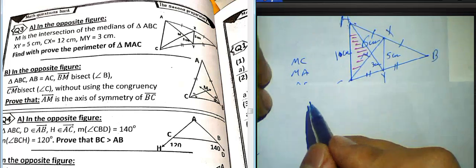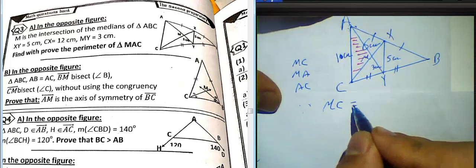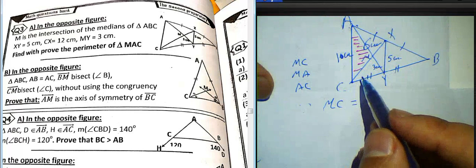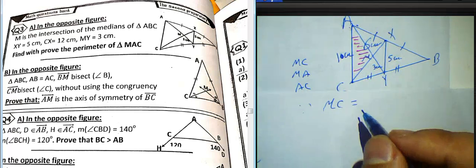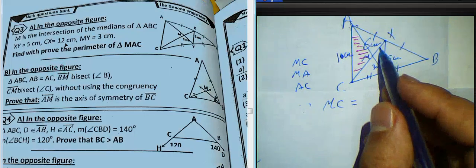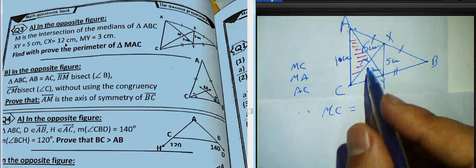And then MC will be twice what? Oh, he gave us CX. Look here. CX equals 12 centimeters. So we can find MC.